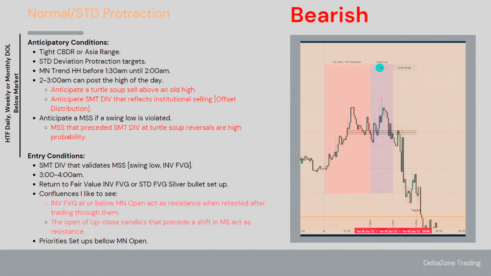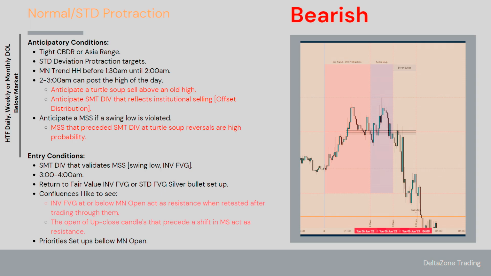The next profile we're going to discuss is the bearish standard protraction. Just like in the previous two profiles, we should have established a higher time frame, daily, weekly or monthly draw on liquidity below market.